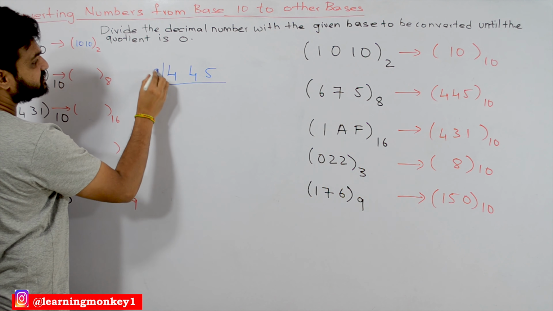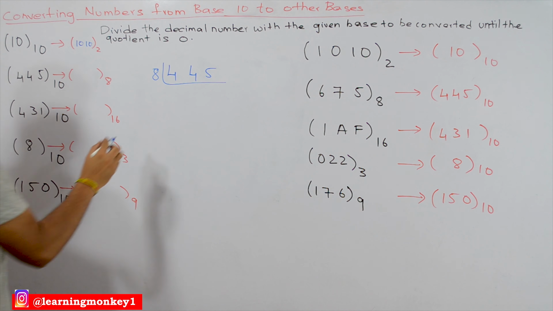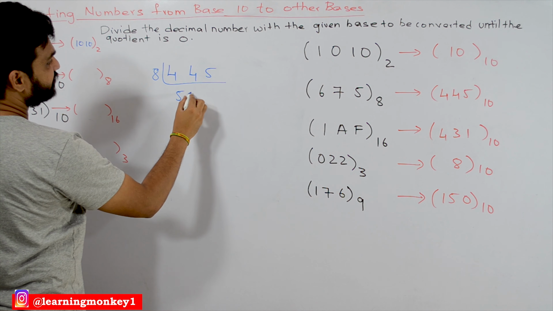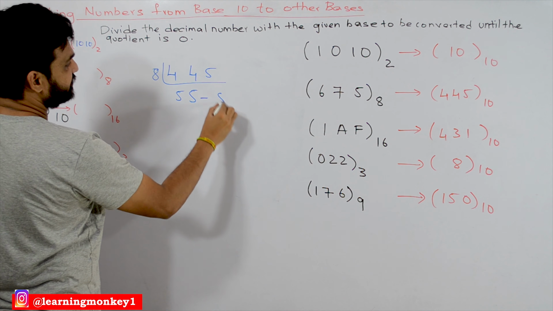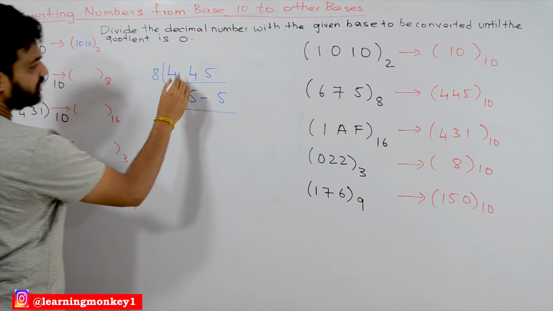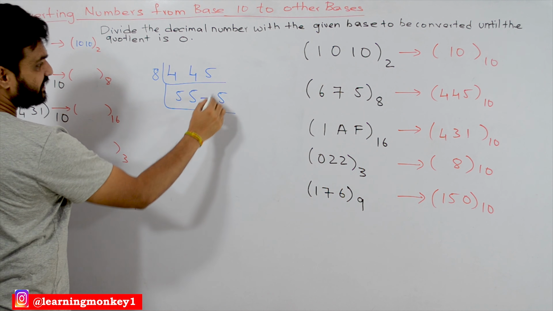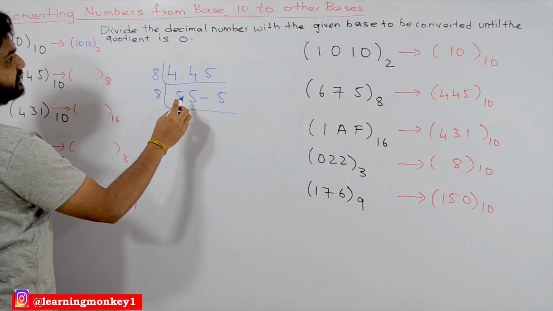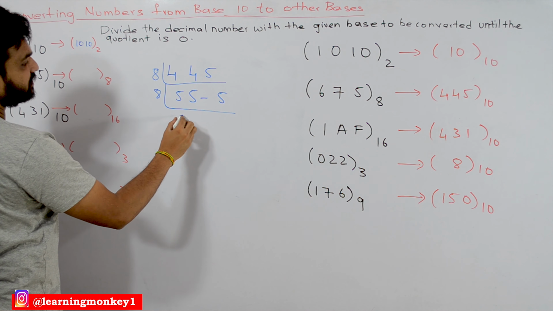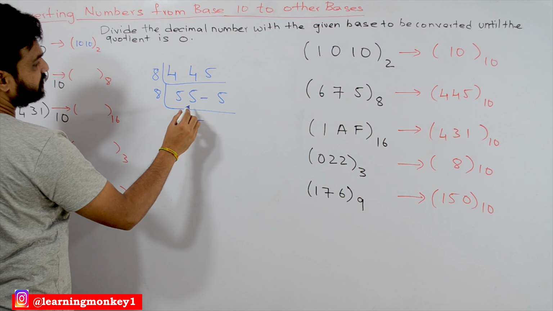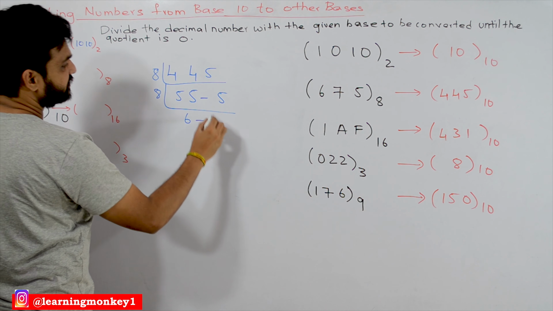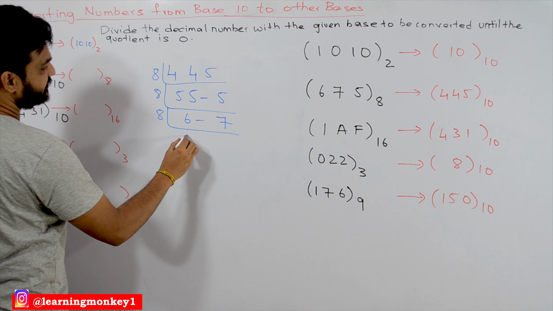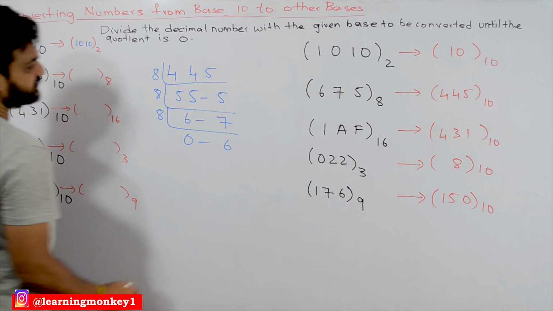So divide this number by 8. 445 divided by 8 is 55, and the remainder is 5. Hope you know how to divide this. Similarly, 55 divided by 8 is 6, and the remainder is 7. Similarly, 8 divided by 6 is 0 and the remainder is 6.